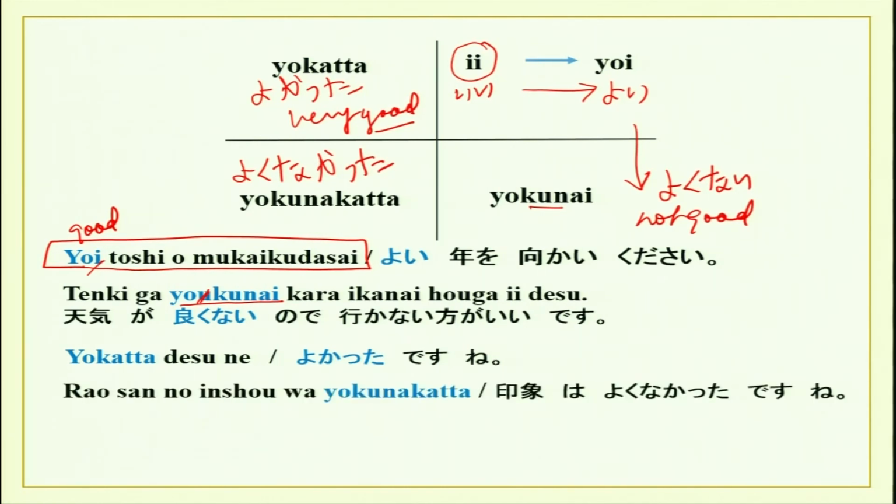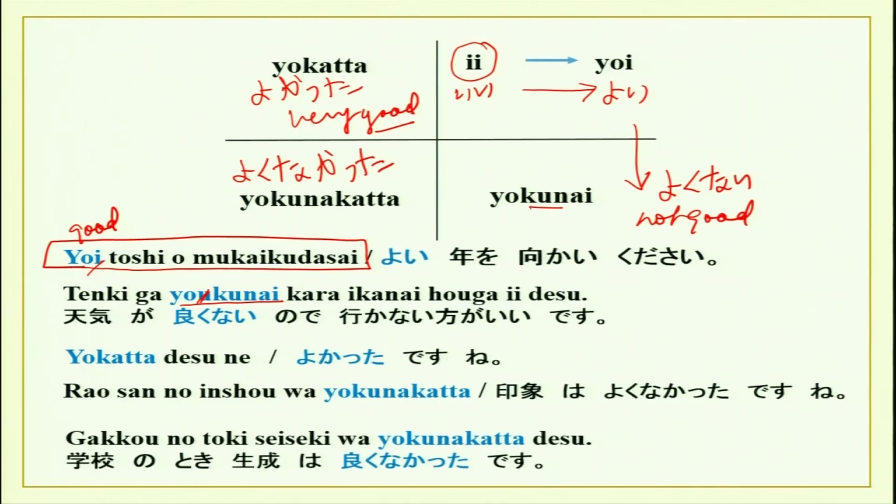Now we can take up yoku nakatta. So, Rao-san no inshou wa yoku nakatta. That is, the impression that he gave was not very good. The ideas that he gave, yoku nakatta, were not liked by someone or maybe all. Now, gakkou no toki seiseki wa yoku nakatta desu. Seiseki is marks.